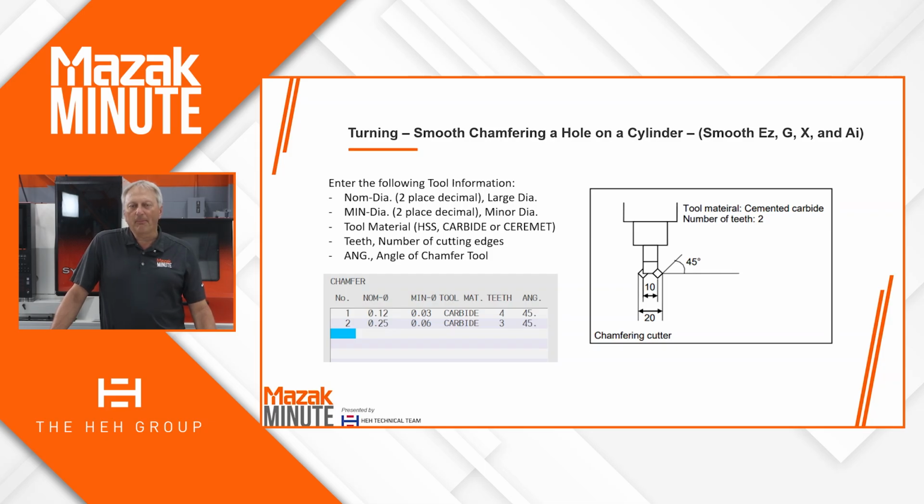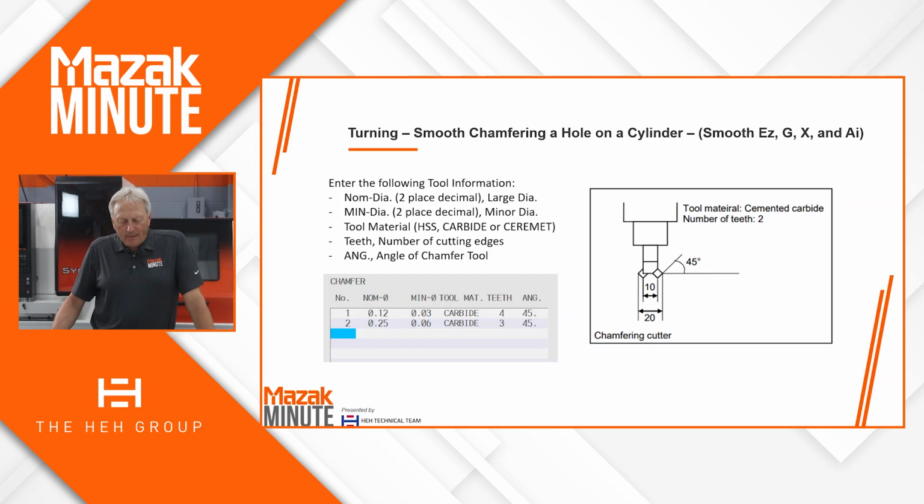The minimum diameter is going to be the 2-place decimal, and this is going to be the minor diameter. The tool material is going to be high-speed, carbide, or cermet. Then we need to know how many teeth, or cutting edges, I have. This is going to be used when we calculate out the speeds and feeds.